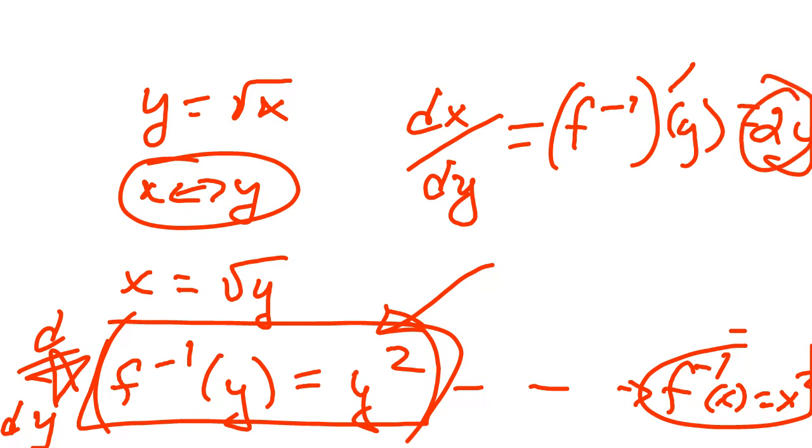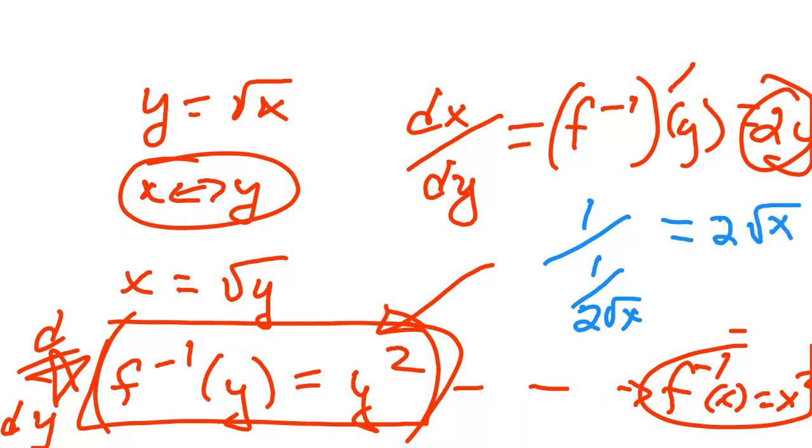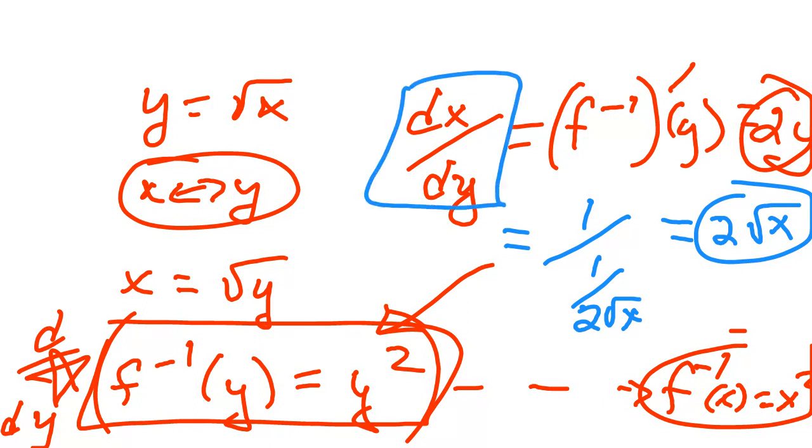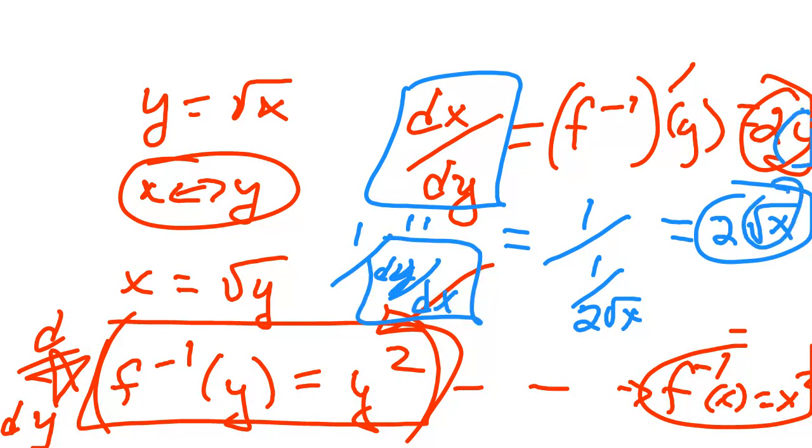What did we get when I was plugging in 1 over the box? So 1 over 1 over 2 root x is 2 root x. But then we're saying that these things are equal, right? Because this is equal to 1 over dy dx, and that was the box. So are these two things equal? Well, what's y equal? Y equals the square root of x. So they are equal. All right.